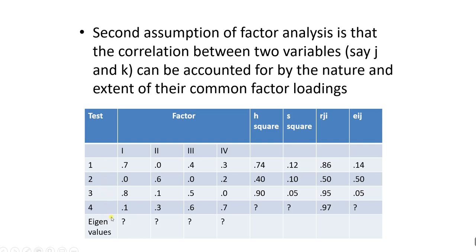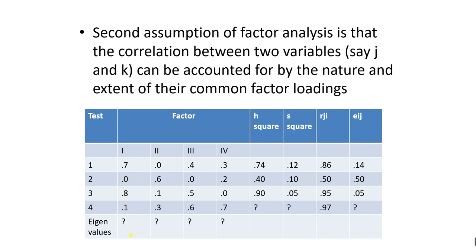And again, to remove your confusion, what is H square or communality? It is the sum of squared factor loadings across factors. So the sum of squared factor loadings across factors is the common variance, communality H square, and the sum of squared factor loadings across variables is the eigenvalue.